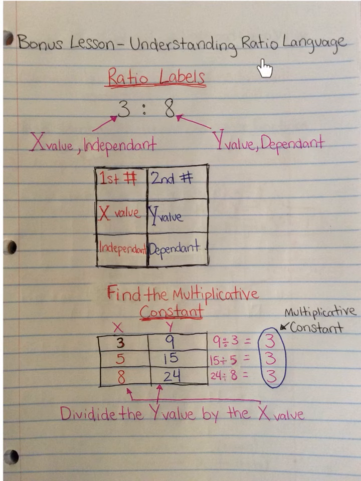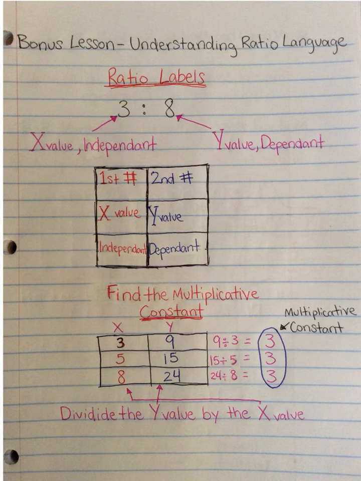Ratio Language. So we're going to look at this ratio here, 3 to 8, and we're going to break it down and identify its parts and what we call those parts. So our first number, the 3, can be known as the x value, or it can be known as the independent.